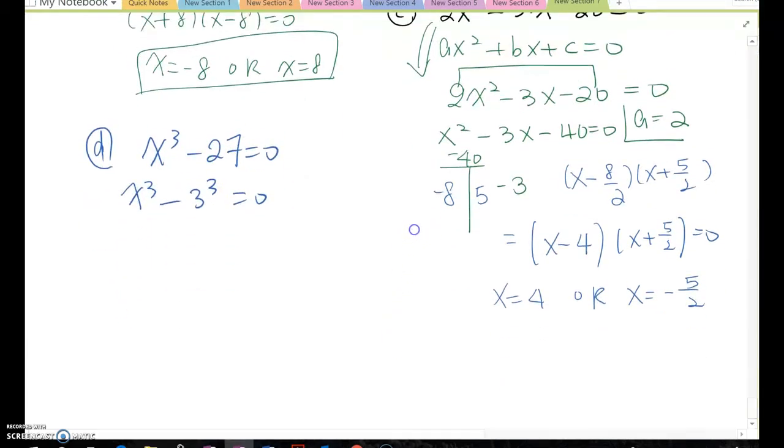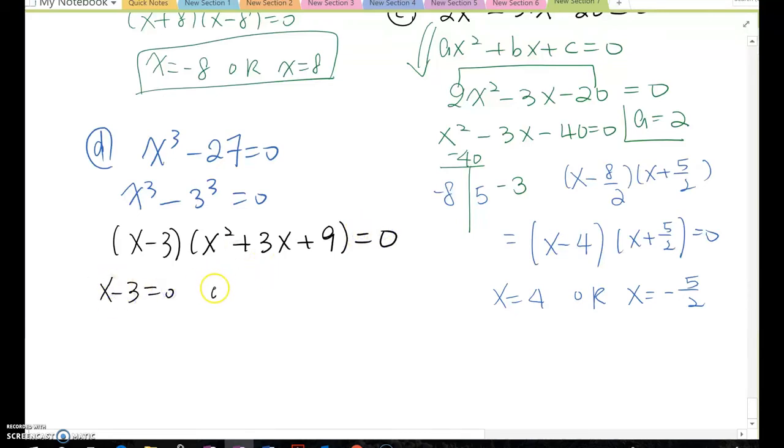Using the factoring property, then you can factor out x minus 3 and then x squared plus 3x plus 9 equal to 0. Just set both factors equal to 0. So x minus 3 equal to 0 or x squared plus 3x plus 9 equal to 0. So here we got x equals 3, right?